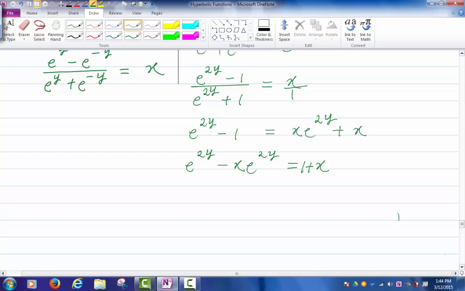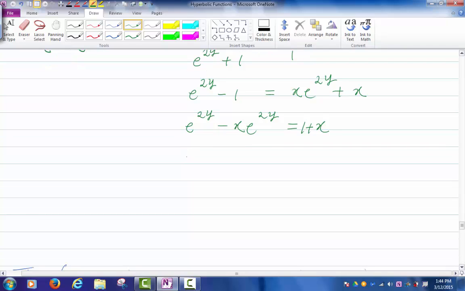Alright, on the left hand side, can I factor out something? I can factor out e to the 2y, and if I do that I get 1 minus x. And finally I could say, hey, e to the 2y is 1 plus x over 1 minus x. I need to find what?